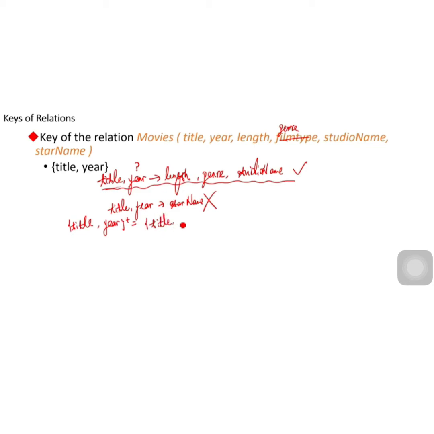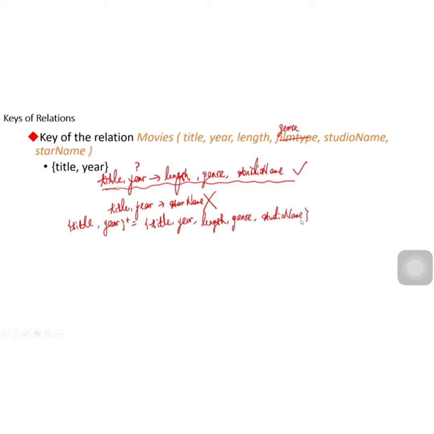And because title year functionally determines length, genre, studio name, length, genre and studio name are added, and we cannot find others.